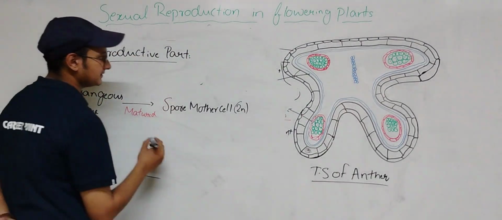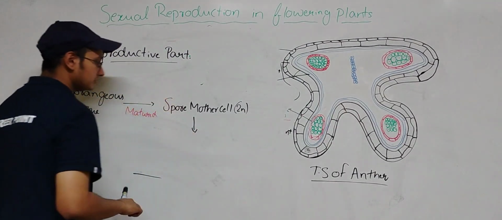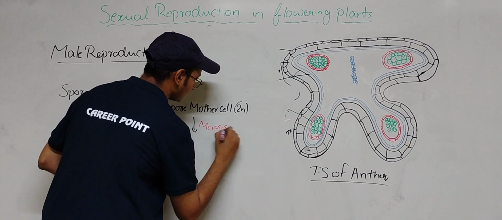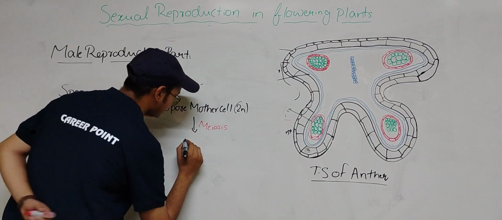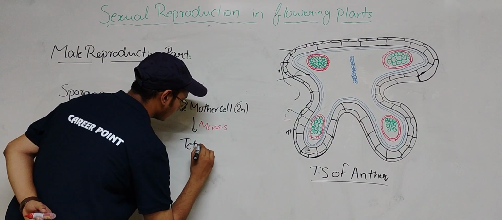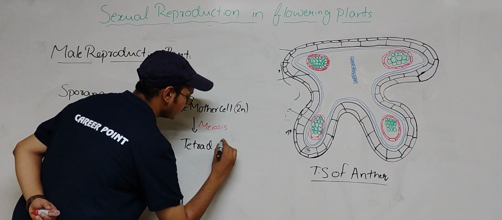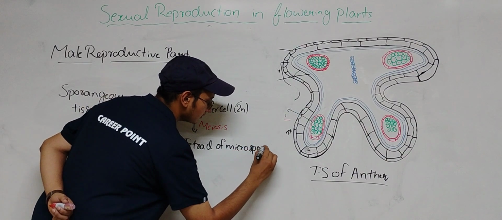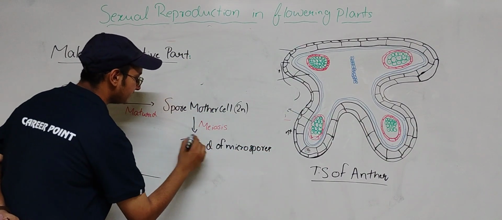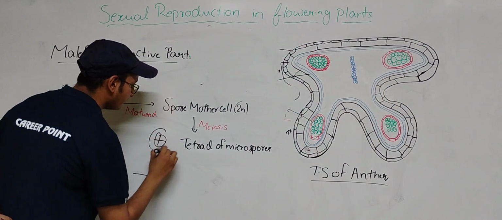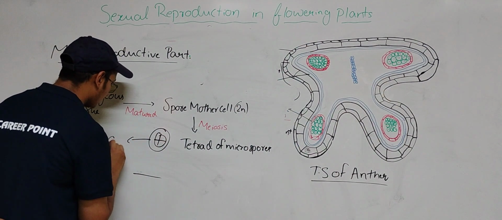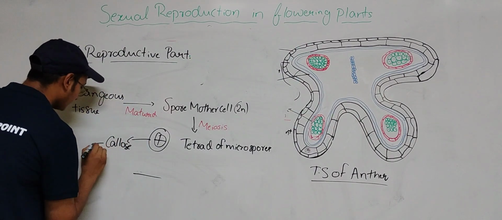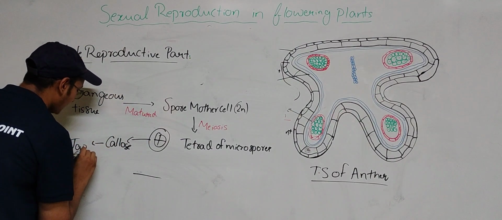And this spore mother cell undergoes meiosis and becomes a tetrad of microspores. This tetrad is covered by a layer called callose, which is secreted by tapetum.